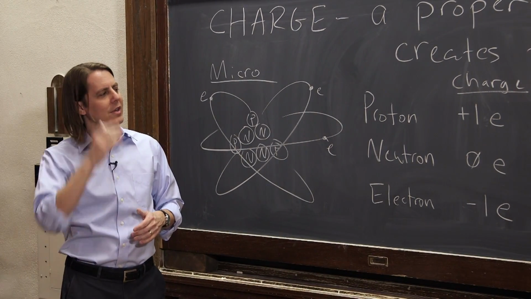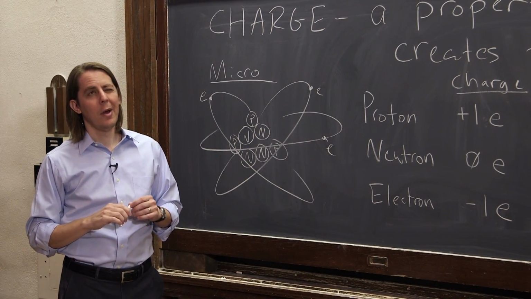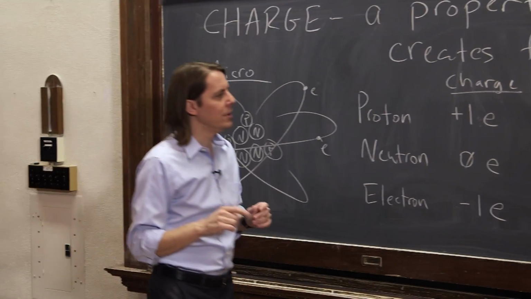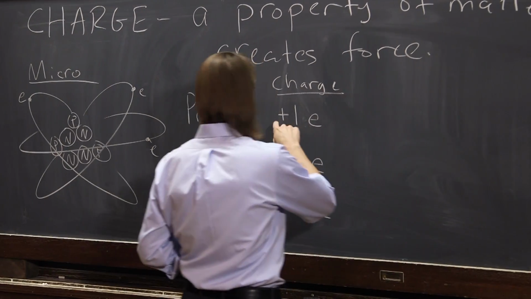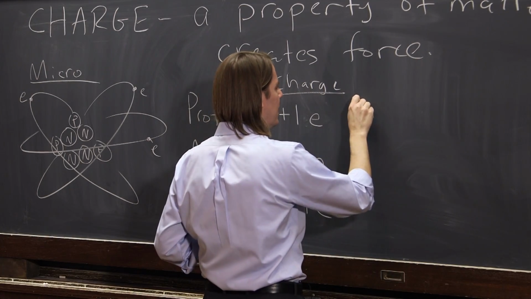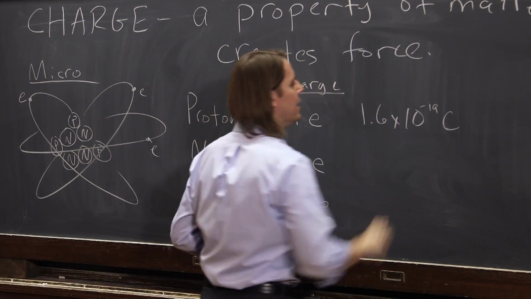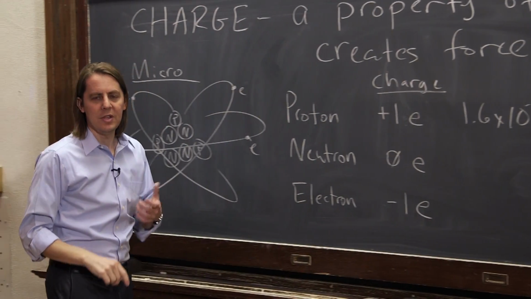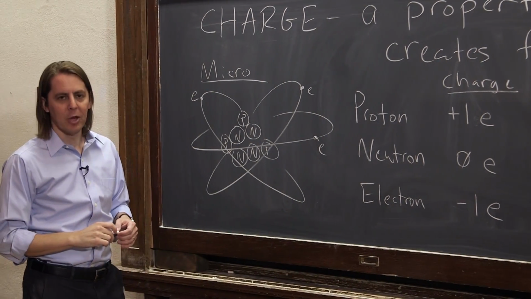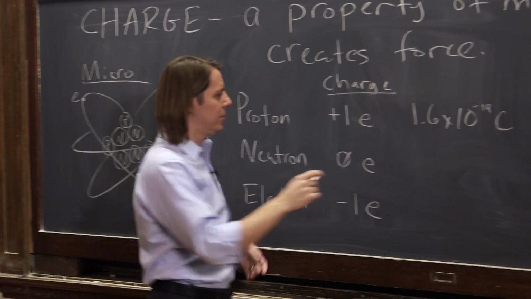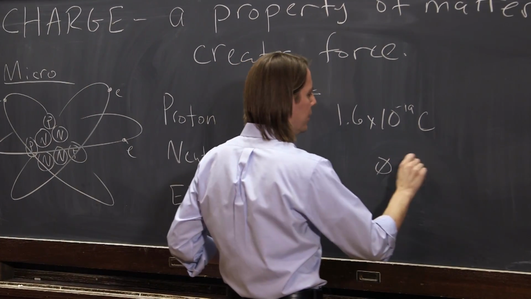If we want to start comparing this to macroscopic charge, there's another unit, and it is the coulomb. So 1 e of charge is 1.6 times 10 to the minus 19 C, where C is coulomb, for the macroscopic charge. And the neutron, of course, no matter what the unit is, 0 is 0.